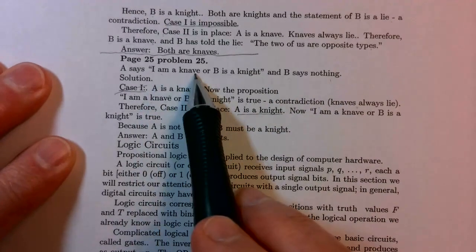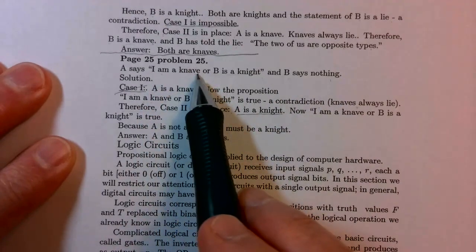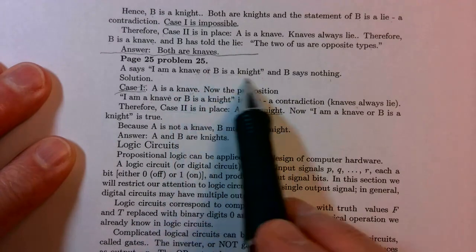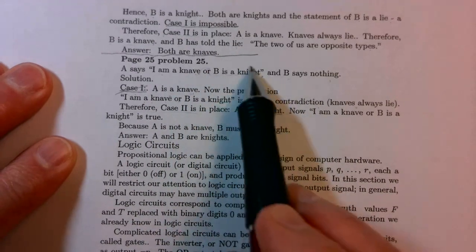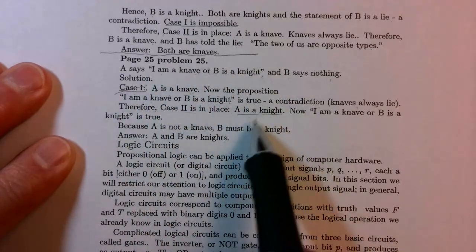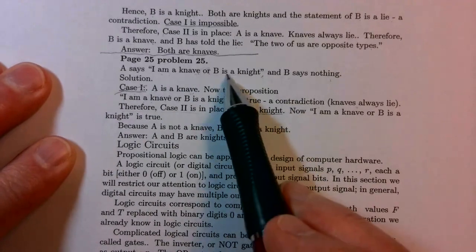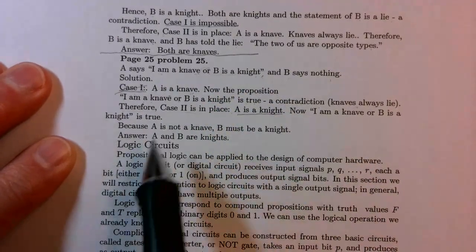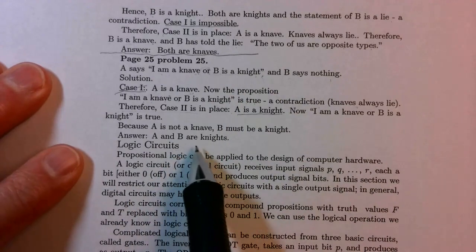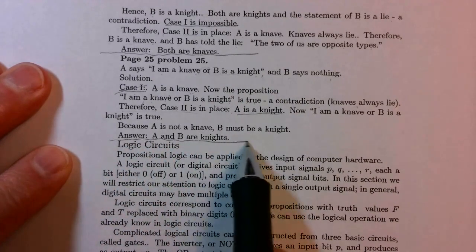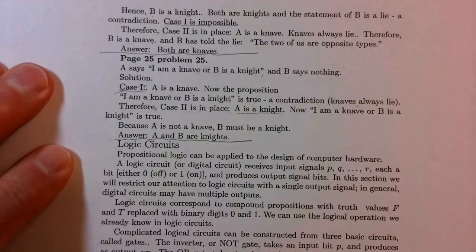I am a knave is false in this case, so the other part of the disjunction must be true then, in order for the whole disjunction to be true. That is, B must be a knight. So the answer is A and B are knights.